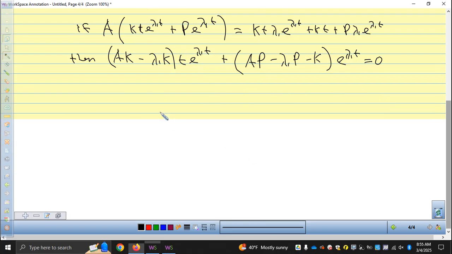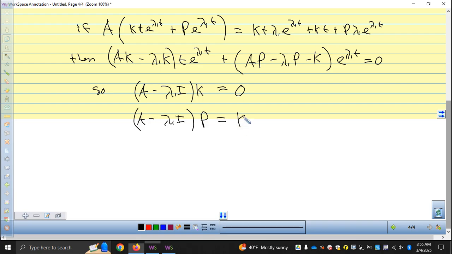So in that case, we have to have this equal to 0 and this equal to 0. So we have (A minus lambda 1 I) times k equals 0. And from this, we have (A minus lambda 1 I) times p equals k. Well, this is how we find k1.